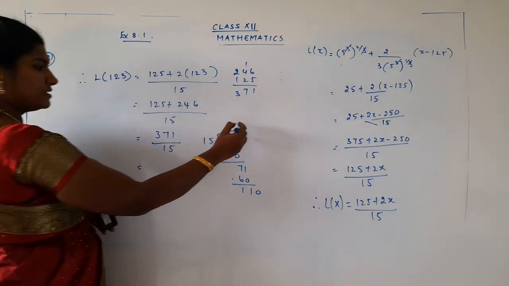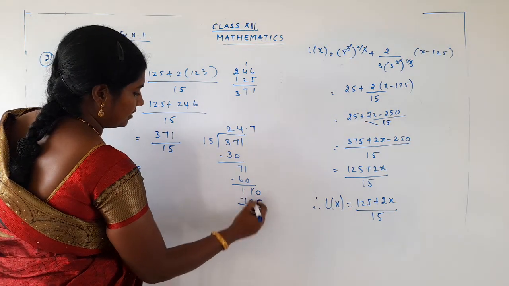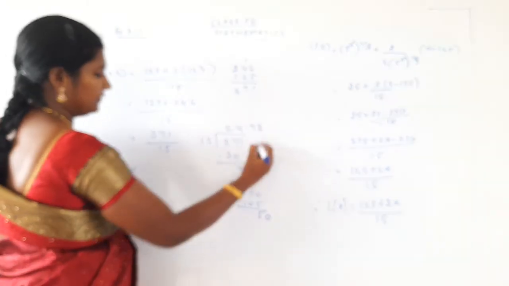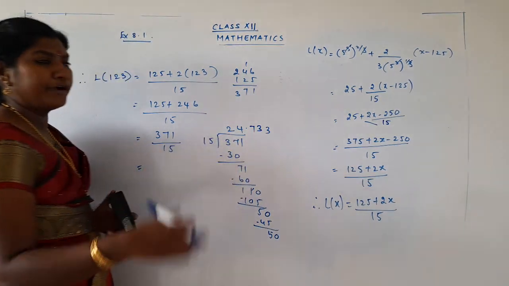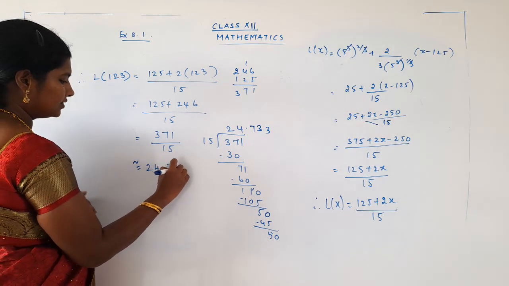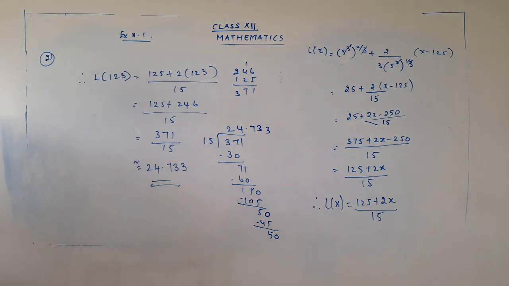Yes, 15 7s are 105, so the remainder is 5. Then 15 3s are 45, and it will go on: 24.7333 goes on. So you can just say this is approximately 24.733. See, this is the answer. So we have completed the first subpart of sum number 2 and the answer is 24.733.